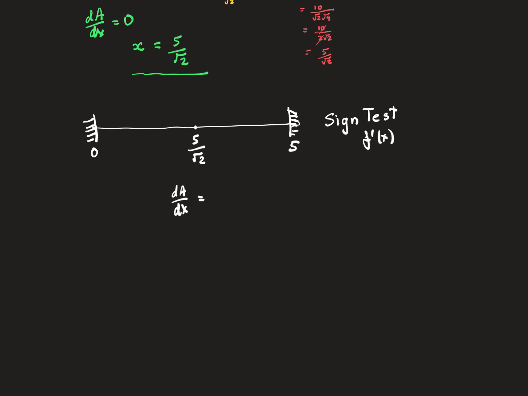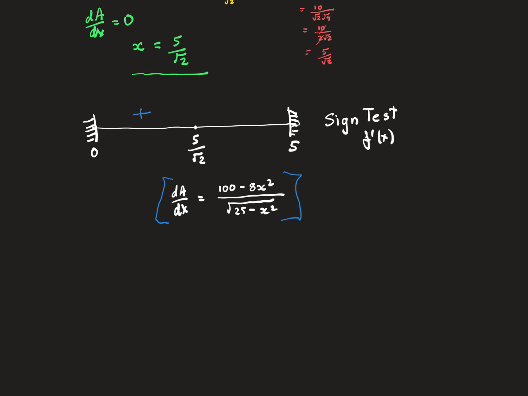And as this is a sign test for f dash x or dA dx, let's have a look at our dA dx formula over here. Let's pick a number, for instance 0, and replace the x with 0 in both sides. If we replace it with 0, we will find that we get a positive value here.